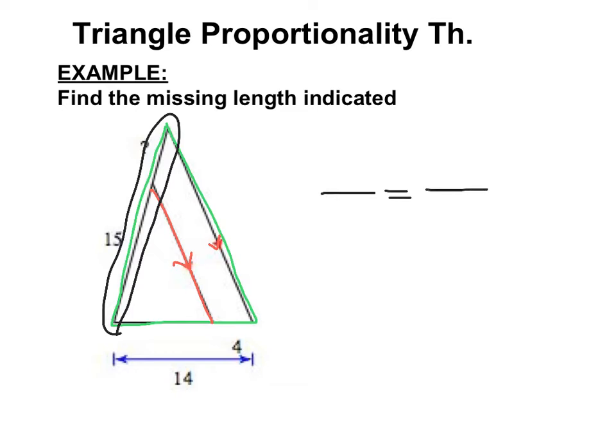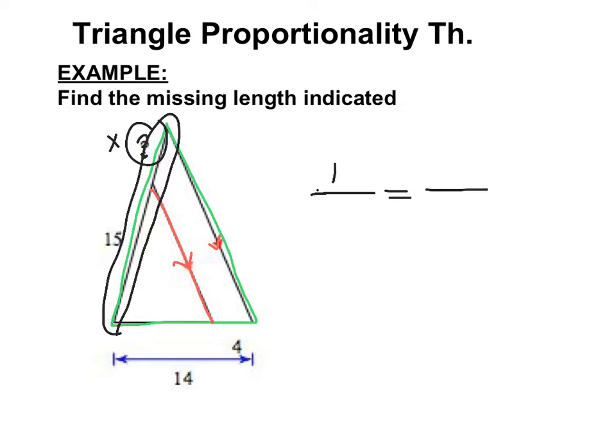So not even knowing what side lengths we're going to use, we know we can set up that framework for a proportion. The side that I just circled has a length of 15, and then this question mark right here we can call x.